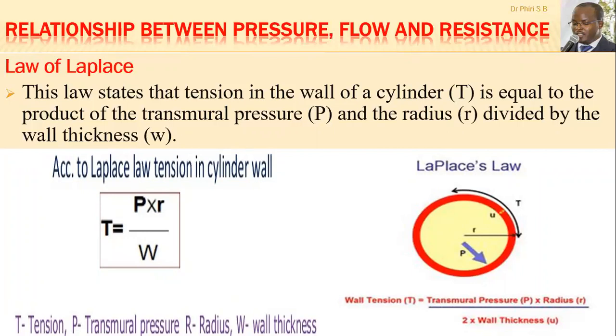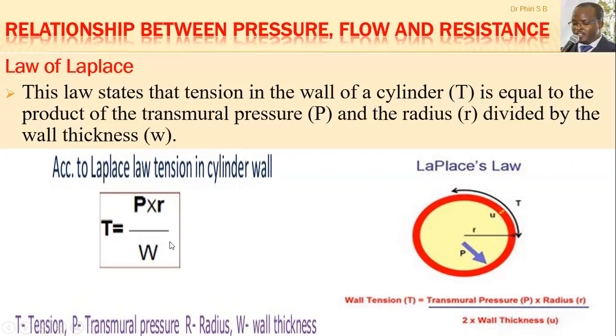The first thing you need to know is that as blood is moving via the smaller arteries and arterioles, the blood pressure will reduce so much to almost zero. So that is going to protect the capillaries. At the same time, the tension is equal to the transmural pressure multiplied by the radius divided by the wall.